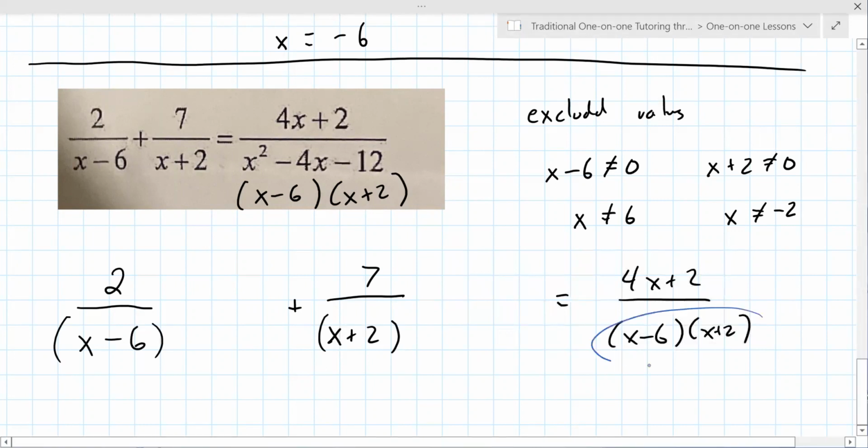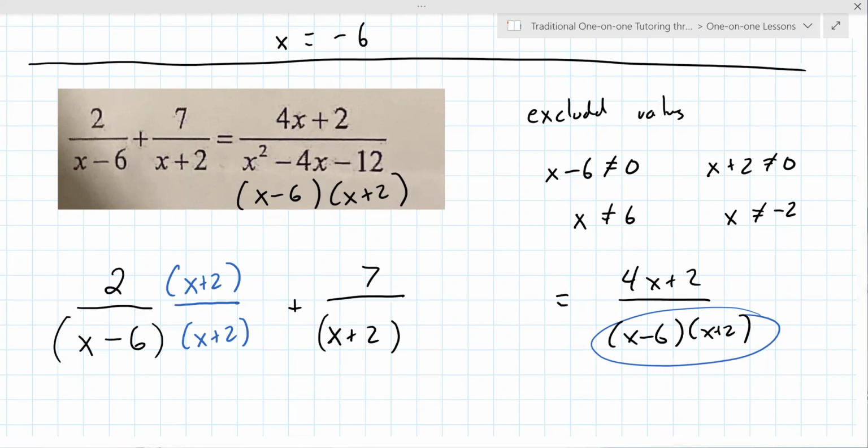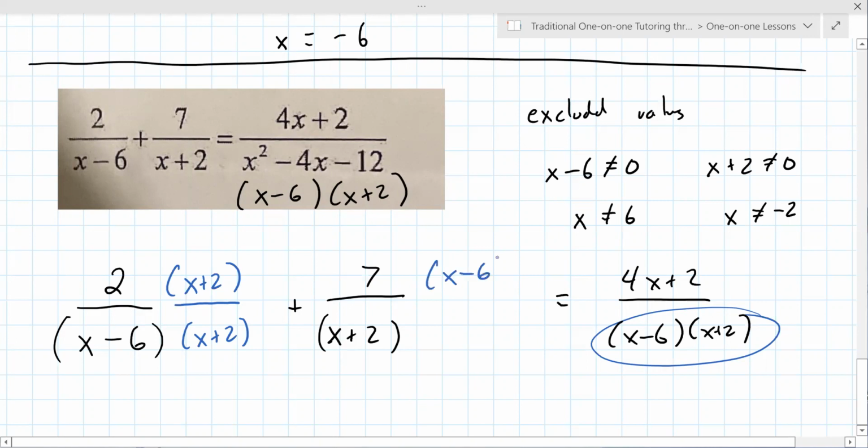This down here is your common denominator. So you ask yourself, what am I missing when you look at 2 over x minus 6? Well, you're missing x plus 2 and an x plus 2. And then the 7 over x plus 2, it's missing an x minus 6 and an x minus 6.